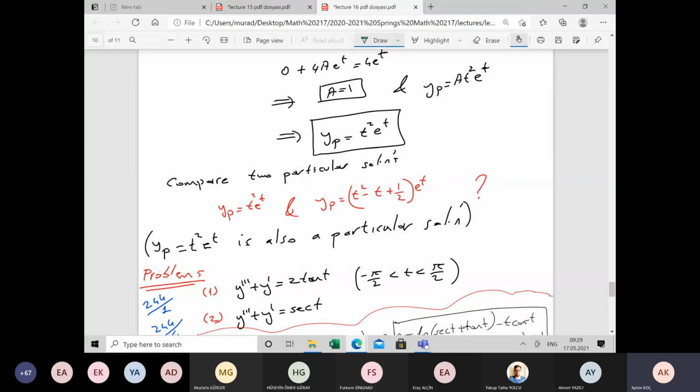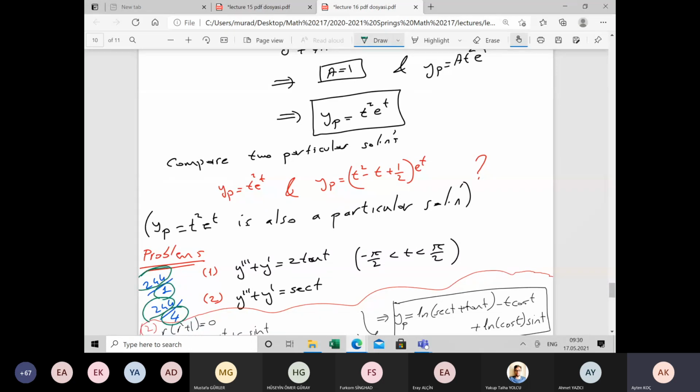Homework: this one is from your textbook, page number 244, question 1, and this second problem, the page number and question number are from your book. It's okay, textbook. And the second one, the solution is this one.